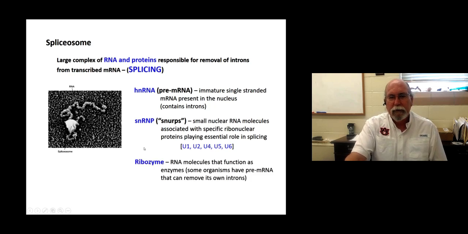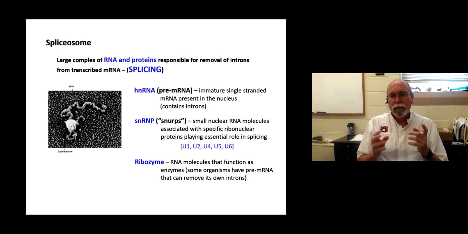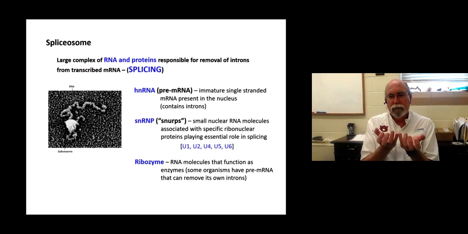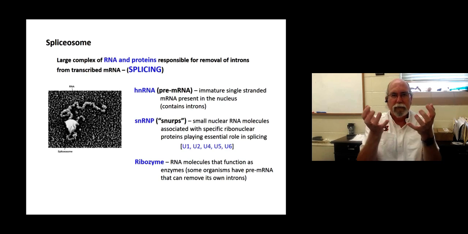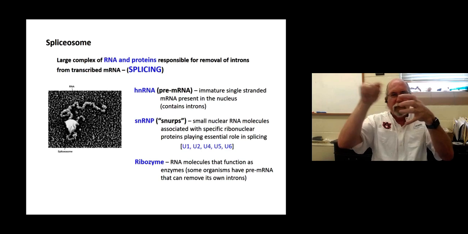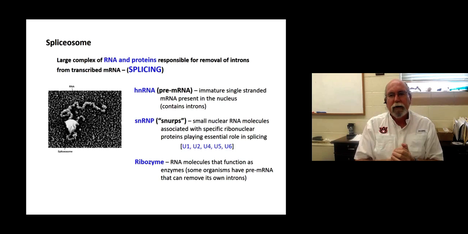Okay. Now, interestingly, just as a side note, it also turns out that some RNA molecules don't need all this spliceosome stuff to work. They actually can act as their own enzymes. And what will happen is the message will come along and it'll fold up and splice itself out and then recombine.